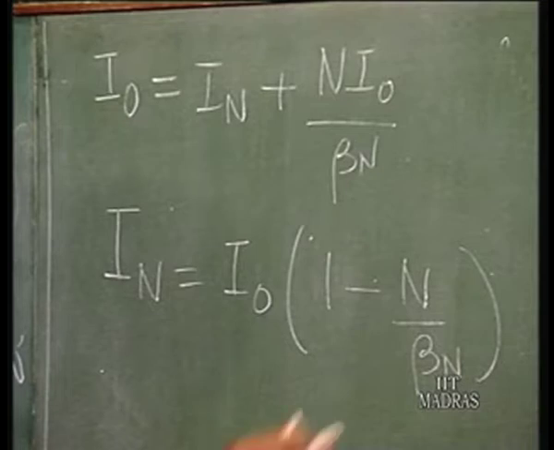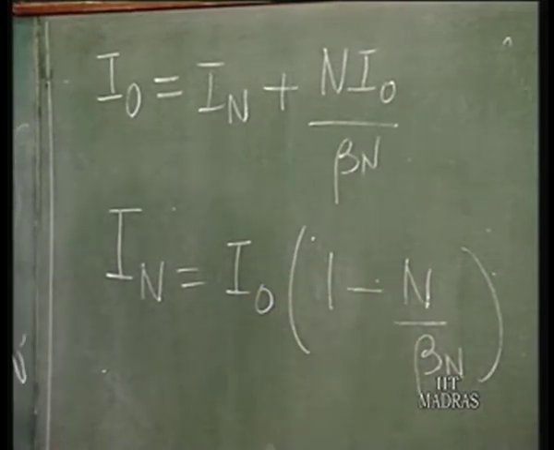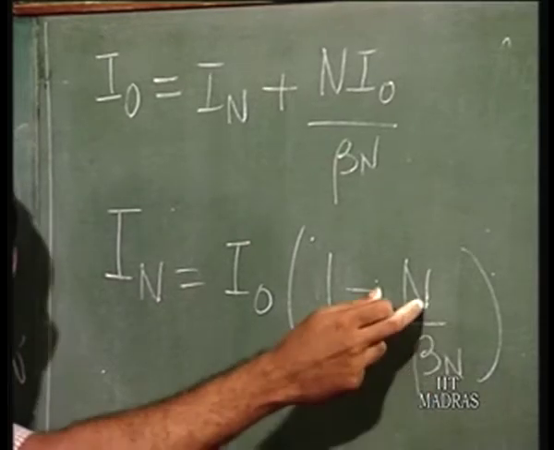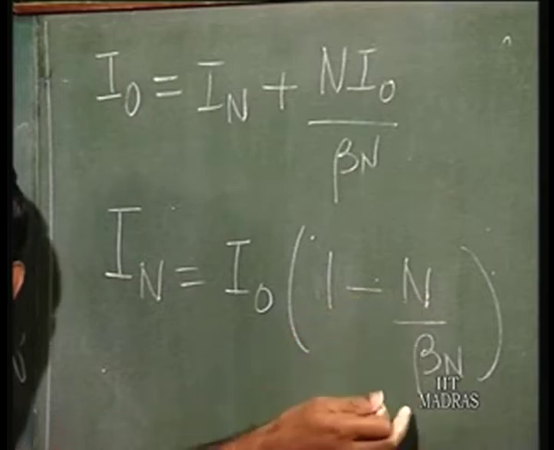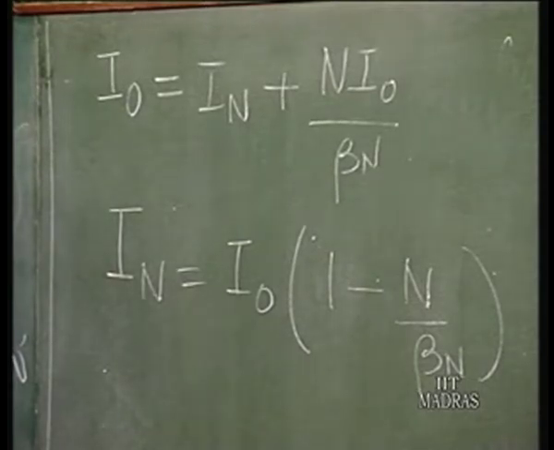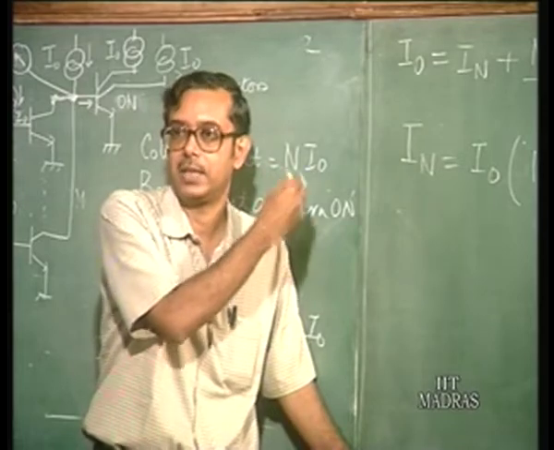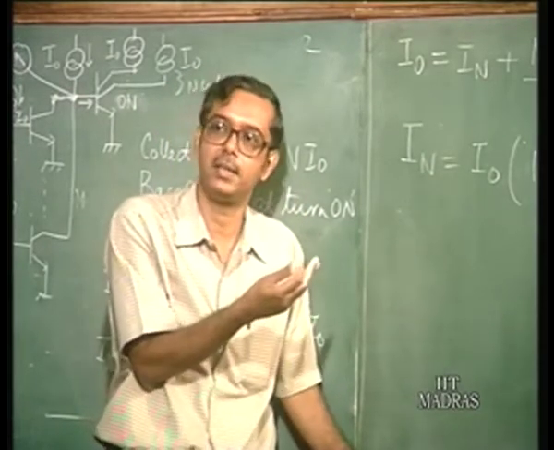This also implies that beta n must be greater than n in order for this to be a positive quantity, which is also a condition which we got from the previous analysis, the condition for proper operation of the I squared L cell: beta n must be greater than n.